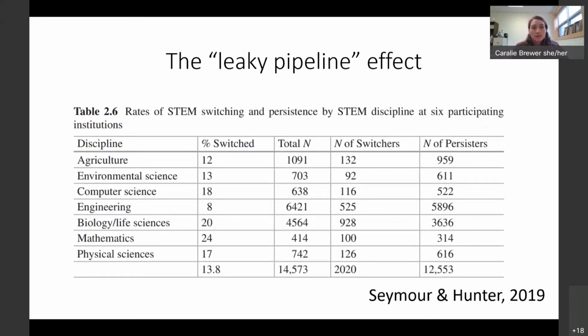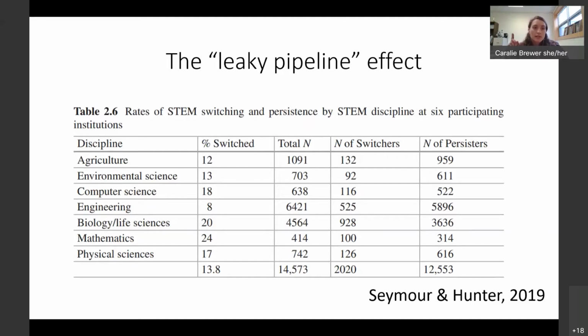A really great resource is a peer-reviewed book called Talking About Leaving Revisited, which talks about all the different reasons why students are leaving these STEM fields. This table is from that book. One really interesting thing is that in my reading, I noticed that biology and the life sciences tend to see among the highest rates of students leaving.